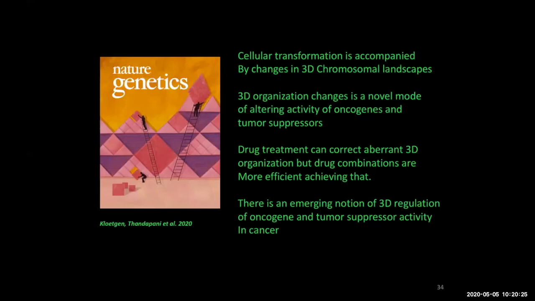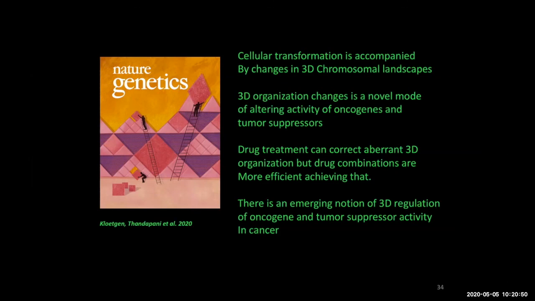So basically what I've told you today, and that is published, and you can get more information in the actual paper, is that we believe cellular transformation is accompanied by changes in 3D chromosomal landscapes. This is what the speaker before me also told you in the breast cancer system.